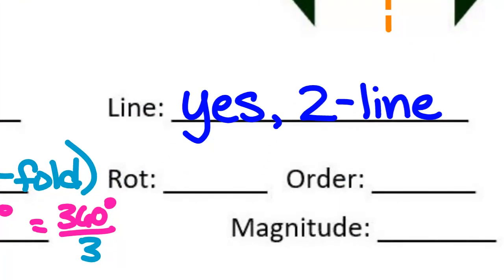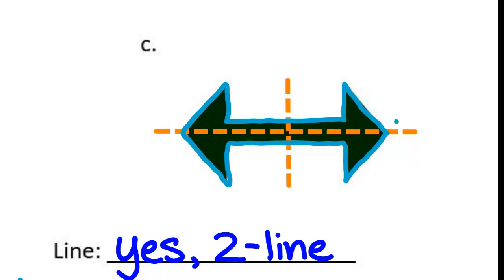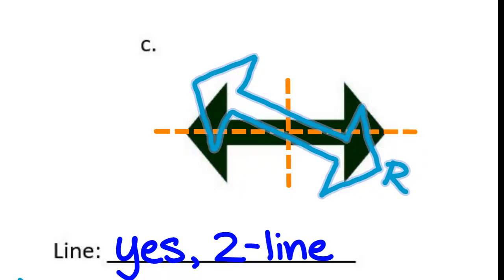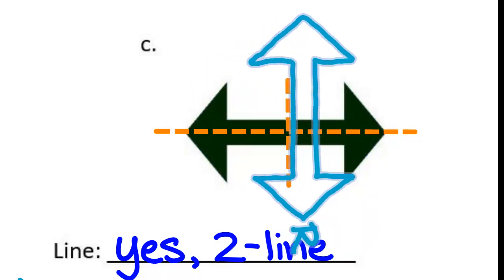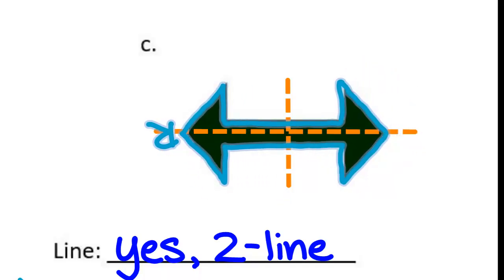Do you think we have rotational symmetry? Oh, I'm seeing some yeses. Let's go ahead and write down yes, and then let's look at what it is. So tracing around the outside of my shape. All right, there's my shape, and I'm going to mark this as the right side. I just need some kind of a marker so that I know where I'm starting from. If I take my tracing paper now and I begin to twist it, rotate it around the center, can I get it to match up with itself?